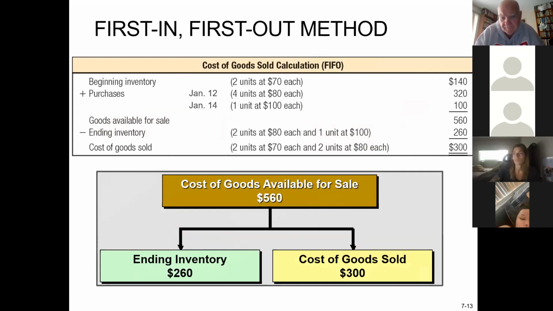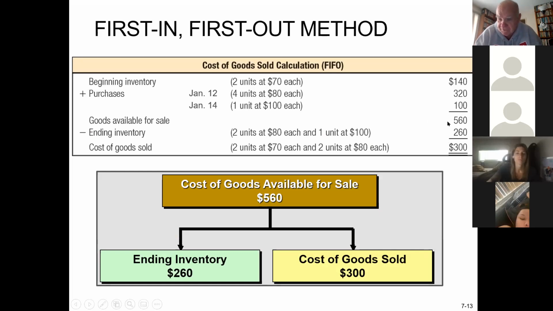Not too tough. Did we have to go back and compute both the cost of goods sold and the ending inventory? No, we really didn't, because let's understand this. The cost of goods available minus the inventory you counted at month end equals the cost of goods sold.